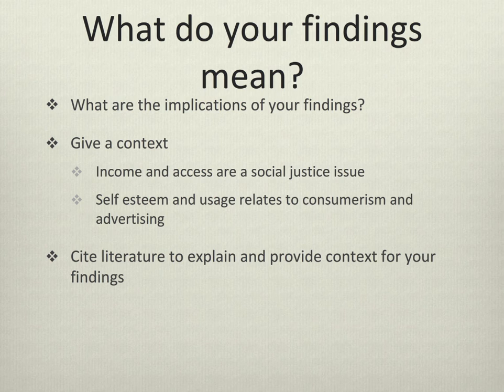There's one more very important thing you need to do. What are the implications of your findings? What's the context? Income and access to the internet? Is that a social justice issue? Self-esteem and usage relates to consumerism and advertising. That's an important issue too. Cite the literature to explain and provide context for your findings.